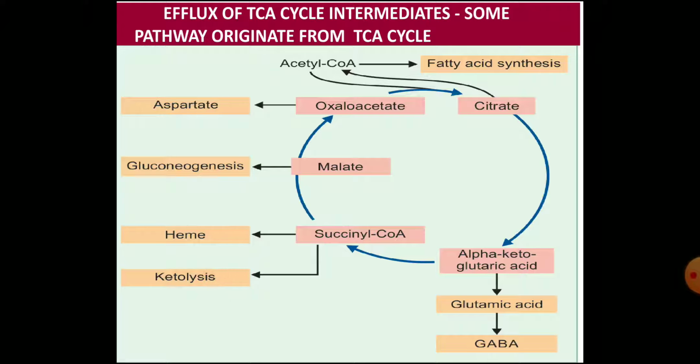Then alpha ketoglutarate can be transaminated to glutamic acid, and glutamic acid can produce various substances like GABA, gamma aminobutyric acid, which is a neurotransmitter.